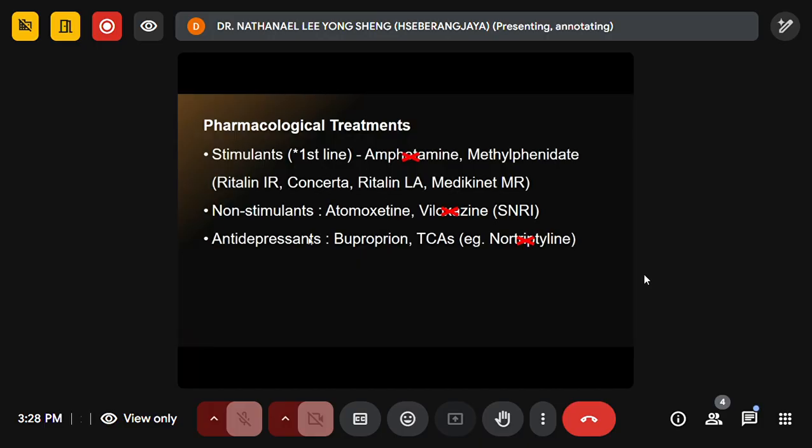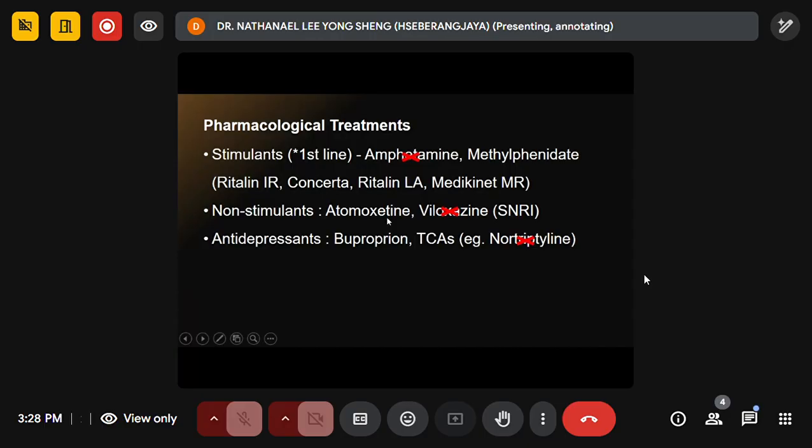So usually we will reserve atomoxetine for those people who have some underlying cardiology problems, such as a very severe arrhythmia, a very severe heart structural abnormality, hypertrophy. So all these are contraindications for stimulants, then we will choose atomoxetine.